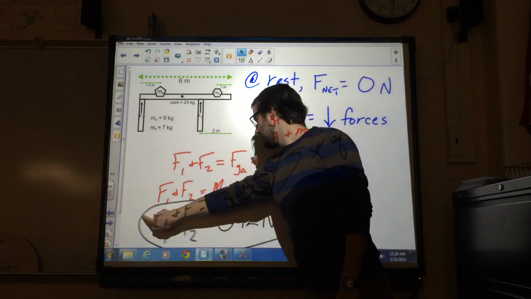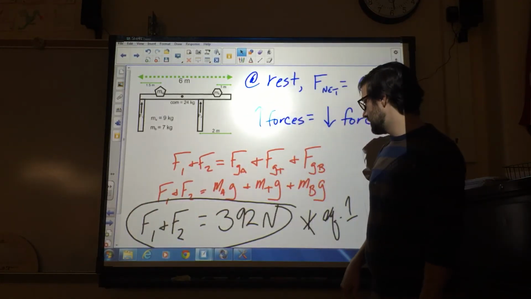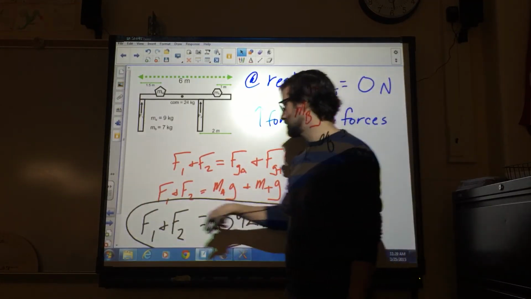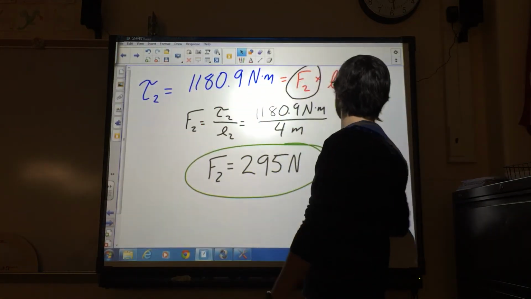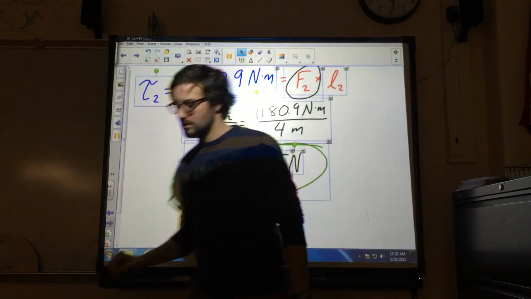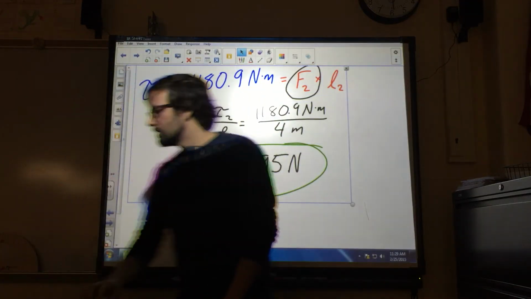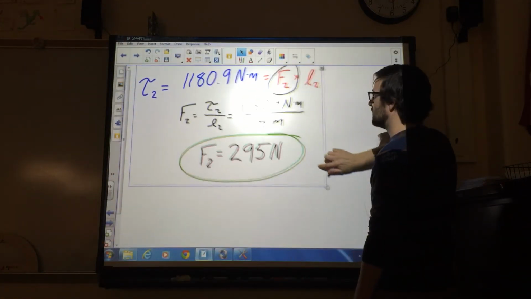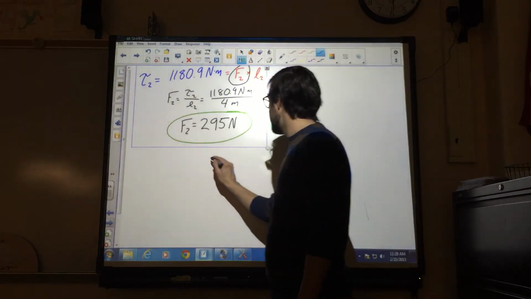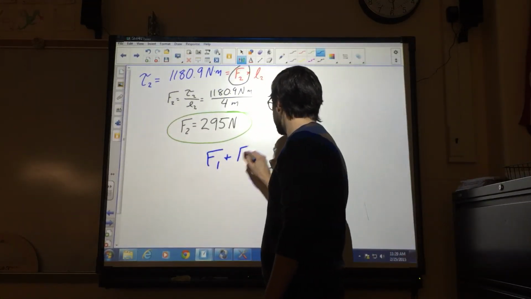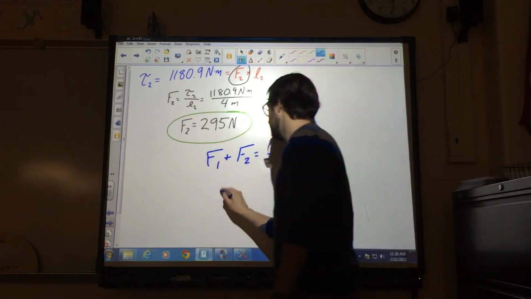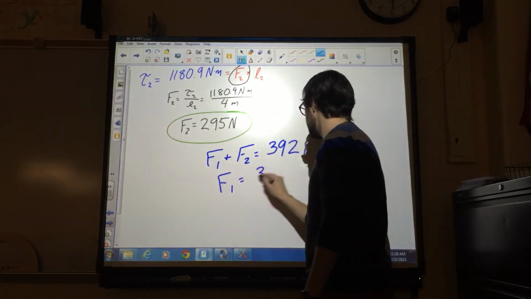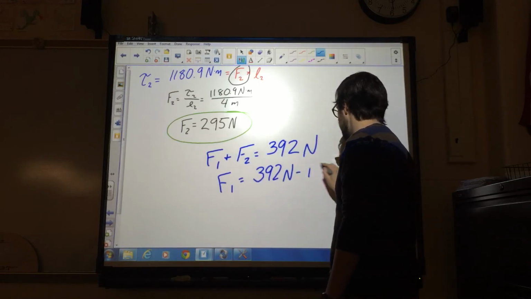If you remember way back to equation 1, where we saw that the sum of our two unknown forces, F1 plus F2, equals 392 newtons, all we're going to do is reuse that, and we are done. So given that F1 plus F2 equals 392 newtons, F1 is going to equal 392 newtons minus F2.